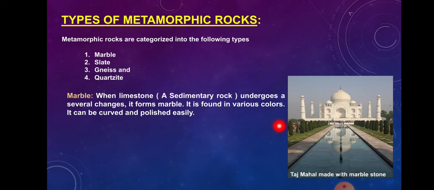It is found in various colors: white marble, pink marble, grey marble. Different marbles are available. When you go to a tiles factory or any construction area, you can see the different colors of marbles. Because of their smooth structure and hardened shape, we are using them in construction areas.